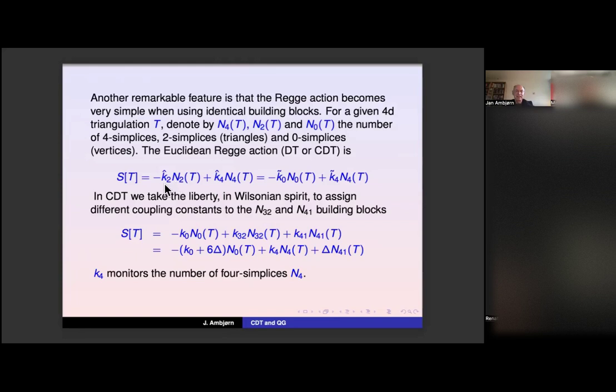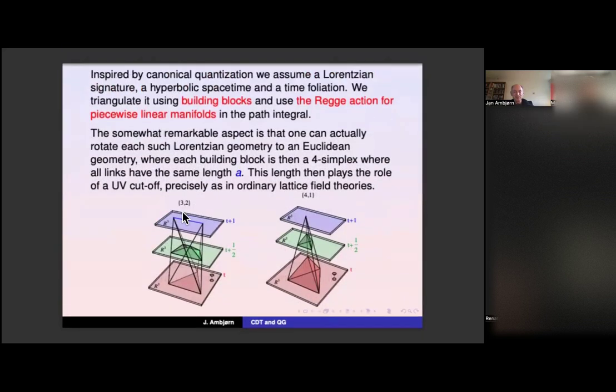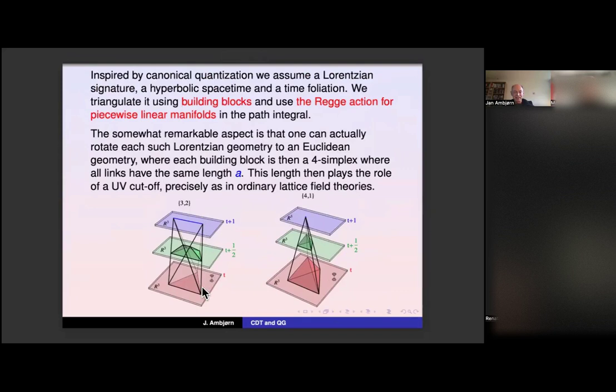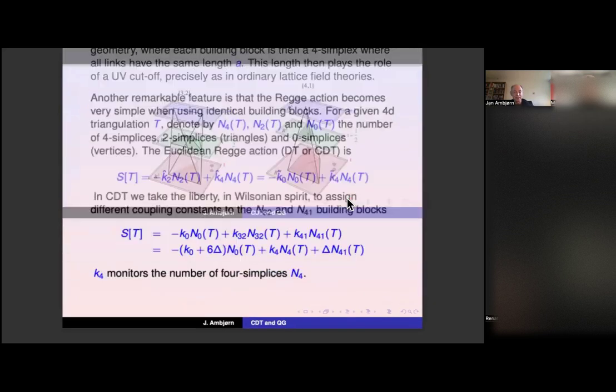And in the case of CDT, we take the liberty, in the Wilsonian spirit, to assign different coupling constants to N32 and N41, where the 4-simplices, which we call 3-2 or 2-3, are the ones which connect triangles to links, and the one we call 4-1 or 1-4 is the one which connects tetrahedra to vertices.